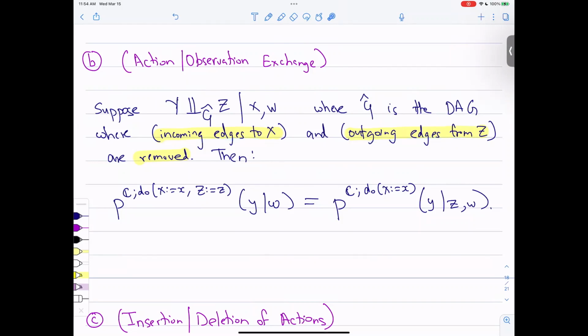If that is true, then in a third world where incoming edges to both X and Z are removed, the conditional distribution is the same as the conditional probability in the world where only incoming edges of X are removed, but you condition on Z.